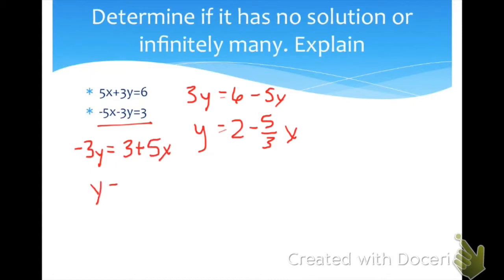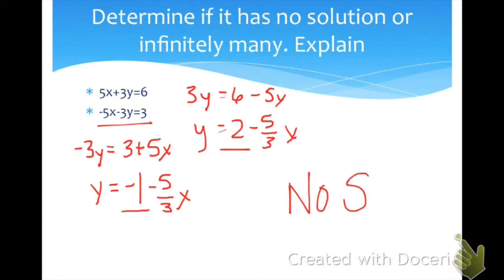So y equals negative 1 minus 5/3 x. So these two have the same slope. Both of the slopes are negative 5/3. So we have same slope, but my y-intercept is different. We would write no solution. These would end up being parallel lines if we graph them.